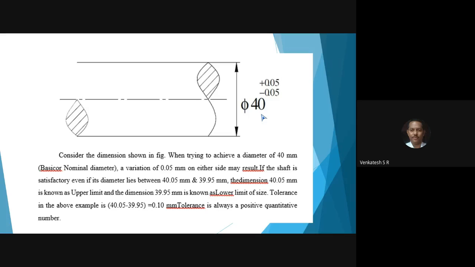If you write like this, that indicates the upper limit and the lower limit of the nominal diameter 40. Or you can write it with plus 0.05 above and minus 0.05 below. Both are correct. Draw the rough sketch of the shaft and indicate diameter 40 plus or minus 0.05.